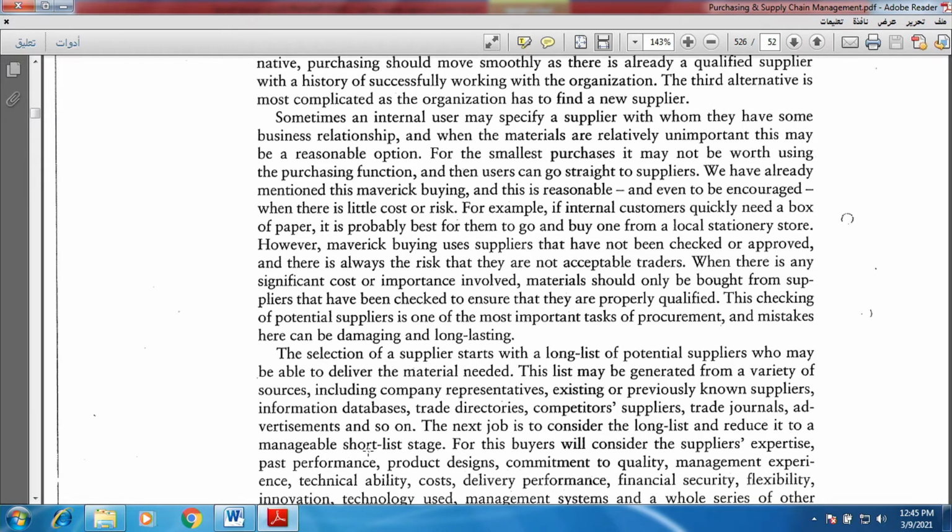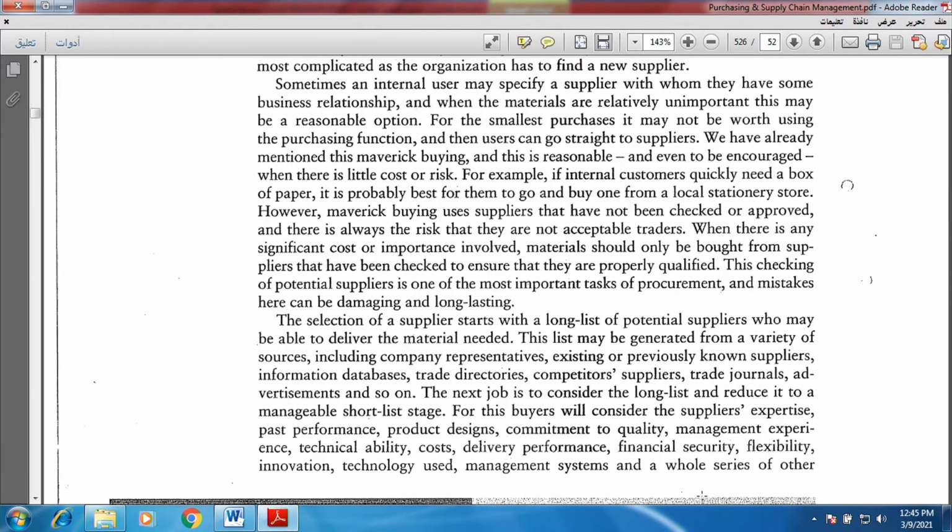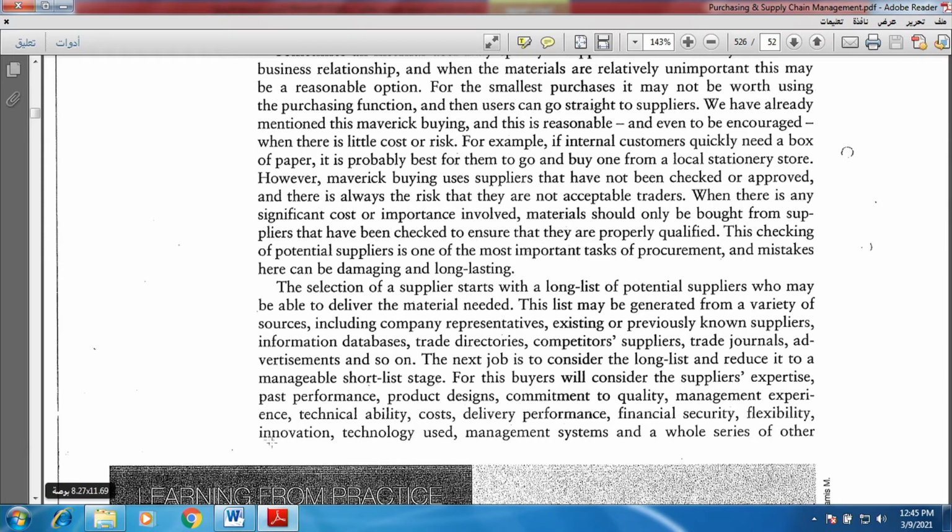From the long list, we try to make a quick assessment of the supplier's expertise and the performance that we have known from these suppliers before, the designs available for the products, whether there are quality commitments by these suppliers, whether there are experienced managers in these suppliers' organizations, whether the technical abilities with them are qualified, their cost, their technology, their performance, their financial security, the availability to have modifications, which we call flexibility, the innovation, and the technology used.